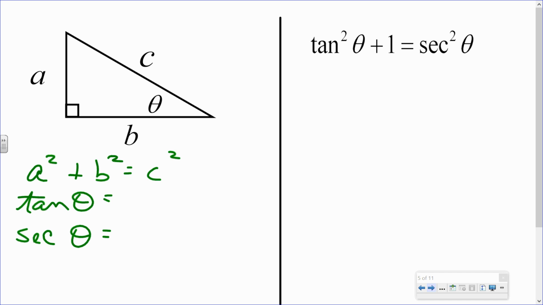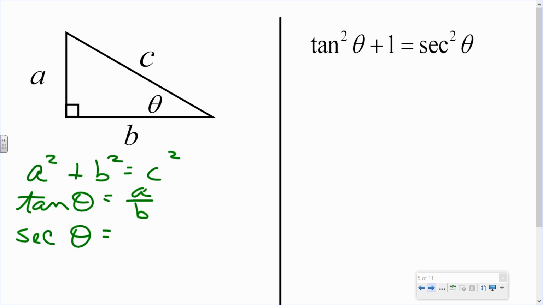So Ava, what do I need for tangent of theta? So SOHCAHTOA, so I need opposite over adjacent, so a over b. Secant is not part of SOHCAHTOA, so Giselle, secant is reciprocal of what?